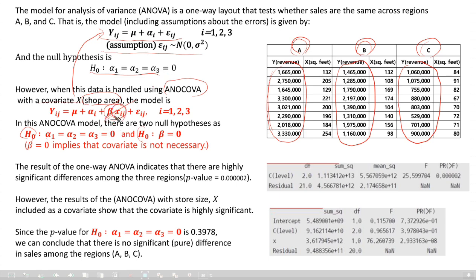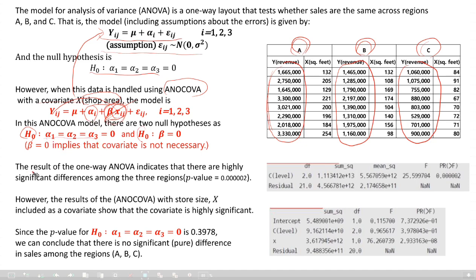The amount of influence on Y will be removed, and you may see the net difference between areas. After removing the influence of X on Y, you may consider whether the net treatment effects are 0 or not.